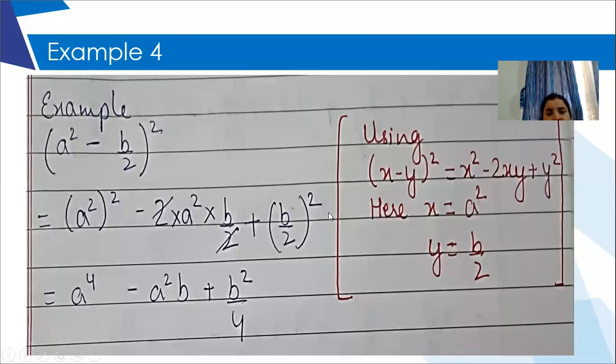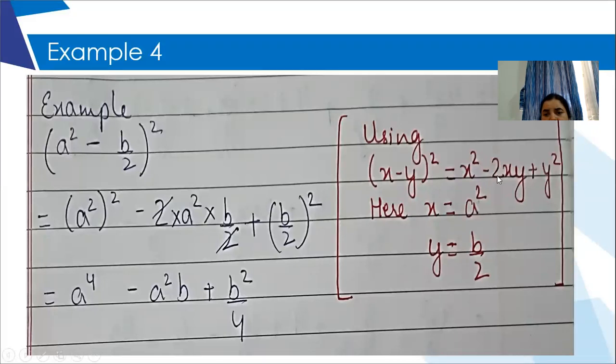One square is already there in the formula, and my x also has a square term. So this complete a square, I put inside the bracket.